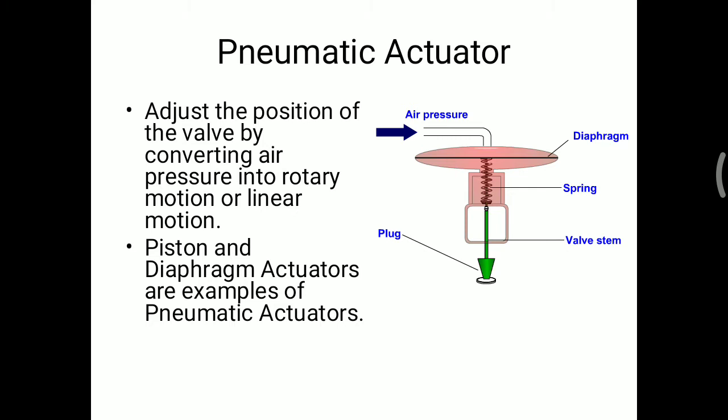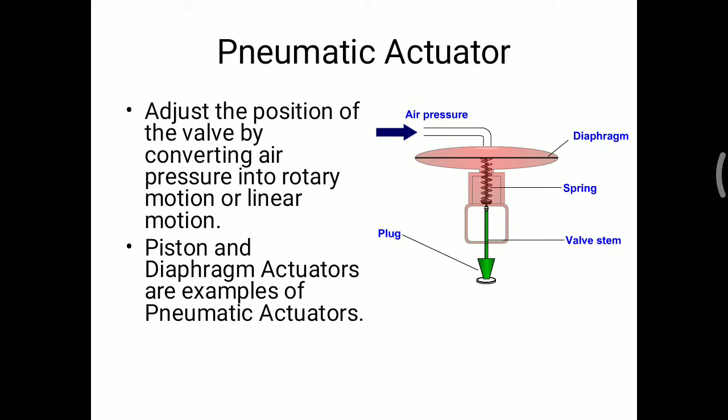Pneumatic actuator. Pneumatic actuator adjusts the position of the valve by converting air pressure into rotary motion or linear motion of the stem. Here you can see in the image, the air pressure is given to the diaphragm from the upside. Hence, when the pressure increases, the diaphragm bends downwards and the plug closes the valve.